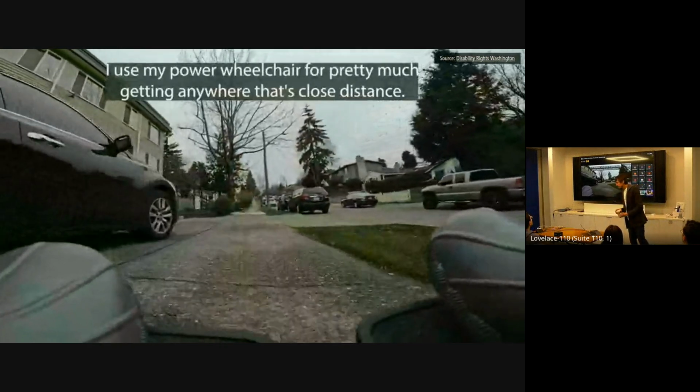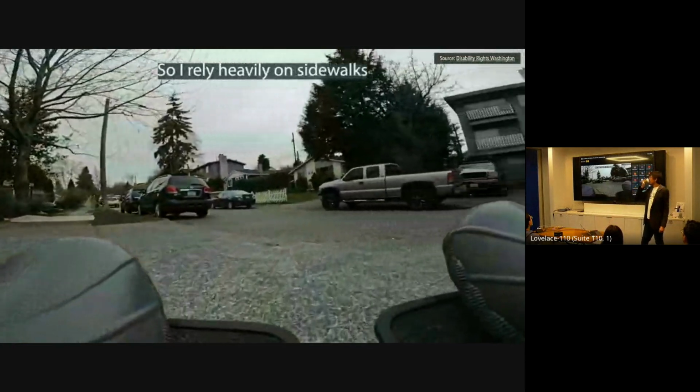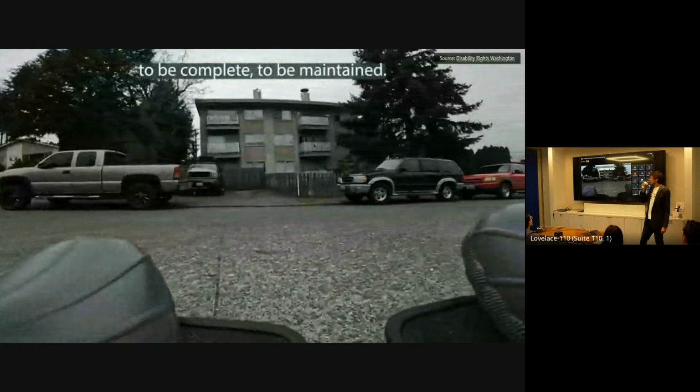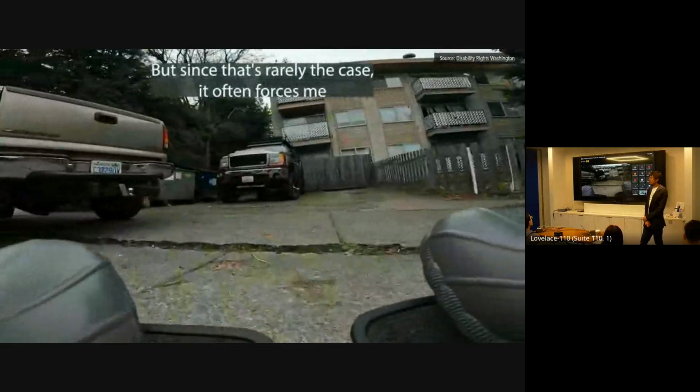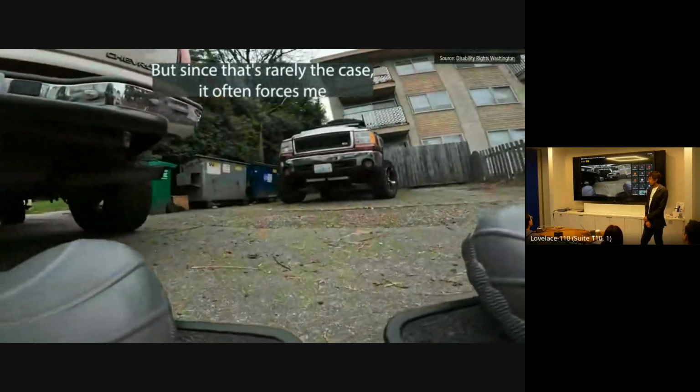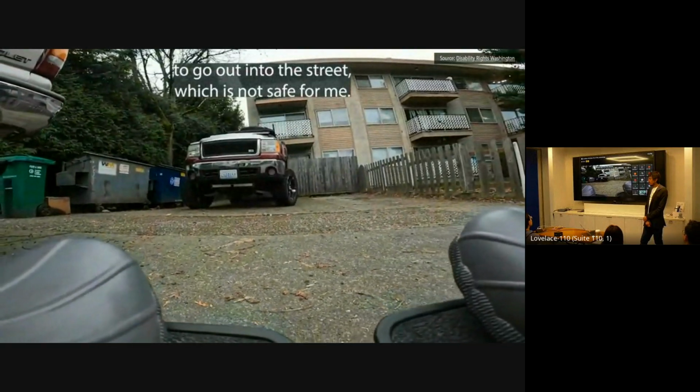And the last one, my power wheelchair, for pretty much getting anywhere that's close distance. So I rely heavily on sidewalks to be complete, to be maintained. But since that's rarely the case, it often forces me to go out into the street, which is not safe for me.